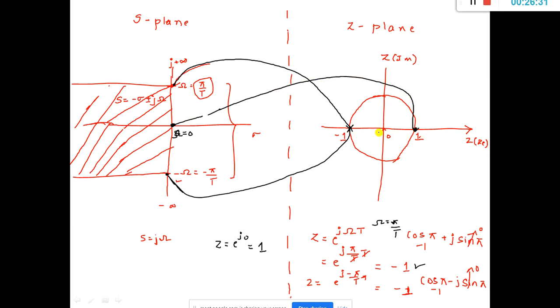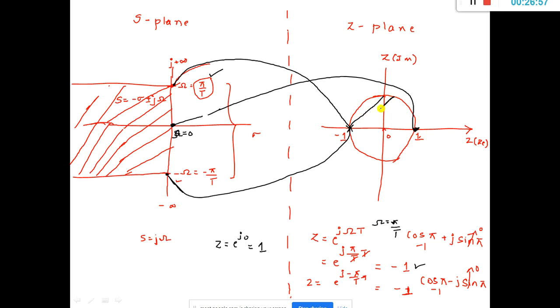Which means that for the entire frequency range, the maximum frequency in the upper positive direction and the lower negative direction, this is the other maximum value. All these values are going to be mapped at minus 1, and at s equal to 0, the value of frequency comes to z equal to 1.